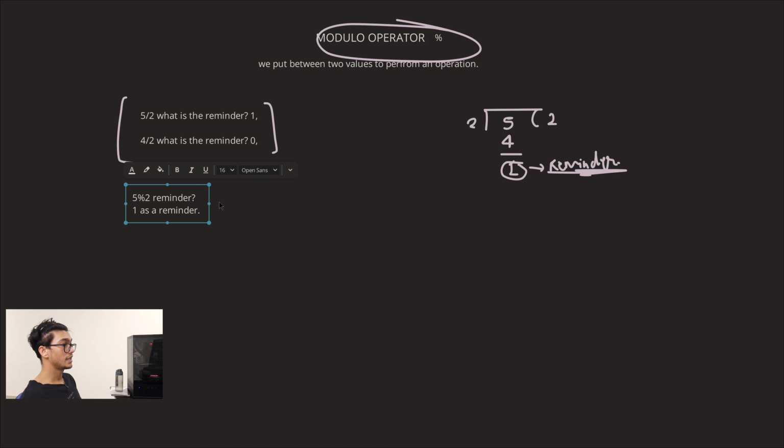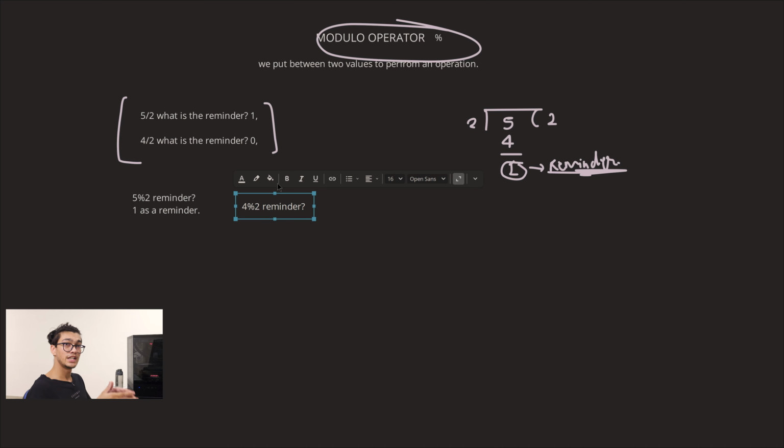And if I'm saying 4 divided by 2, 4 modulo 2, what is the remainder? You will say 4 is fully divisible by 2, because 2 multiplied by 2 will give you 4. So here the remainder is 0, right?